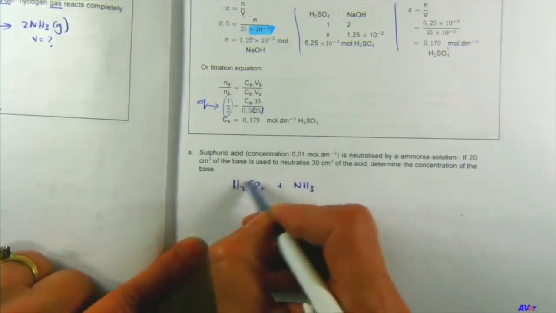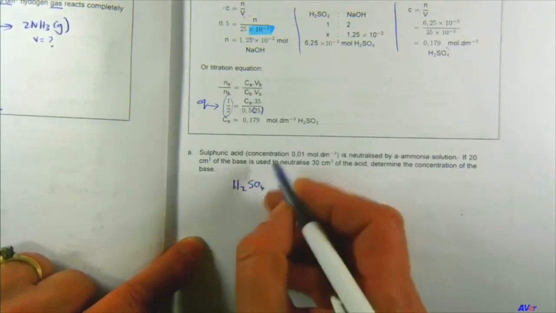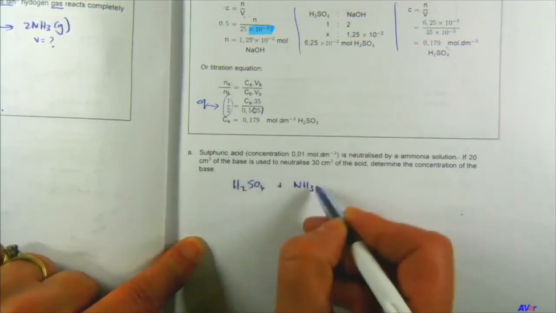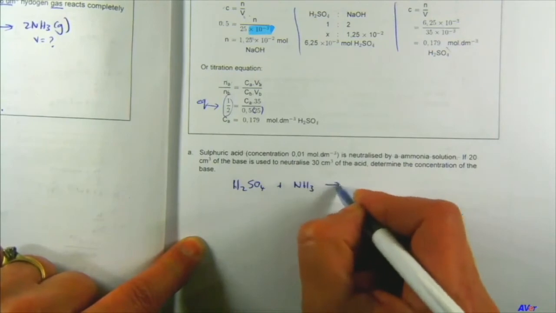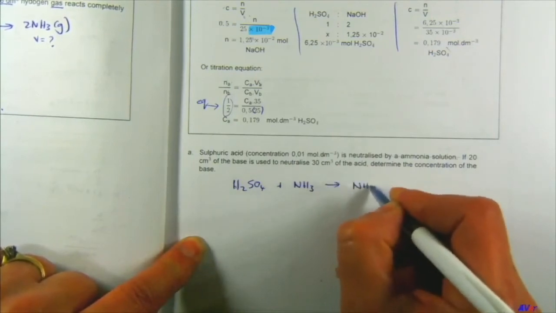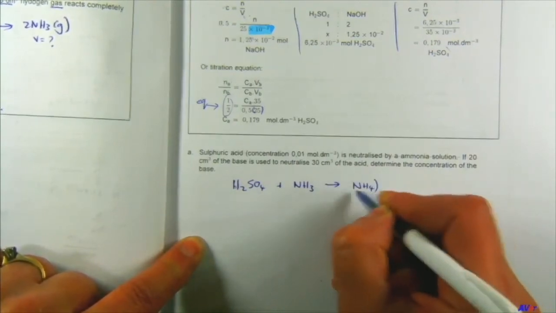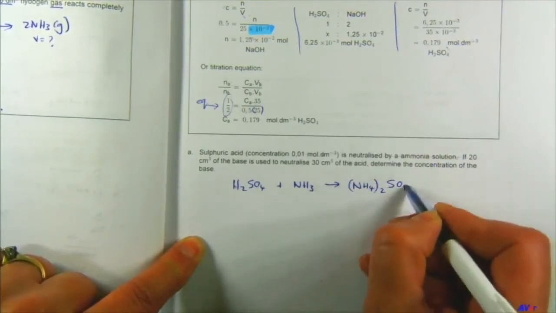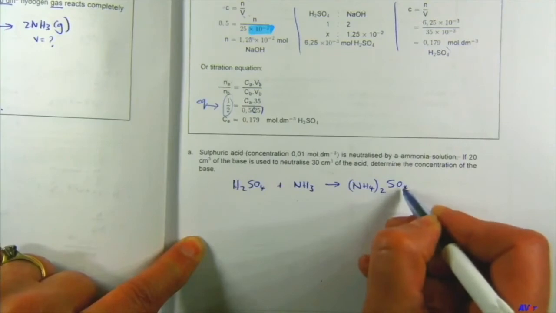So sulfuric acid will donate hydrogens. And if it donates hydrogens, this becomes ammonia. So you will end up with ammonium sulfate, and you need 2 ammoniums for every sulfate, because the sulfate is -2.